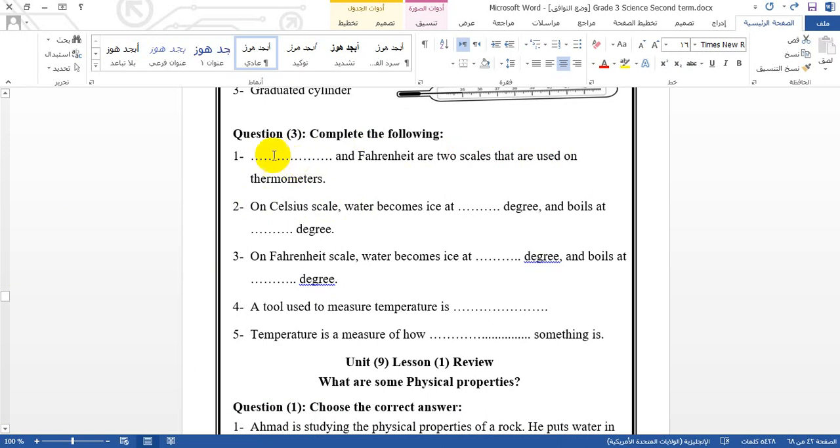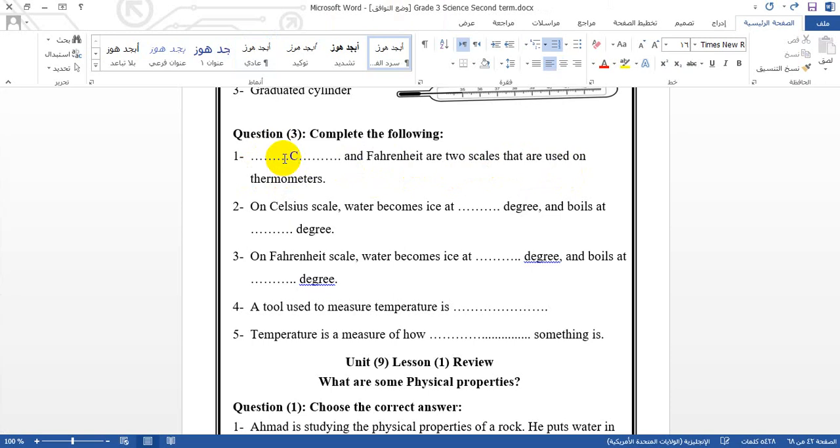What are they? Celsius degrees and Fahrenheit degrees are the 2 scales. Okay guys, so you have to write Celsius here.